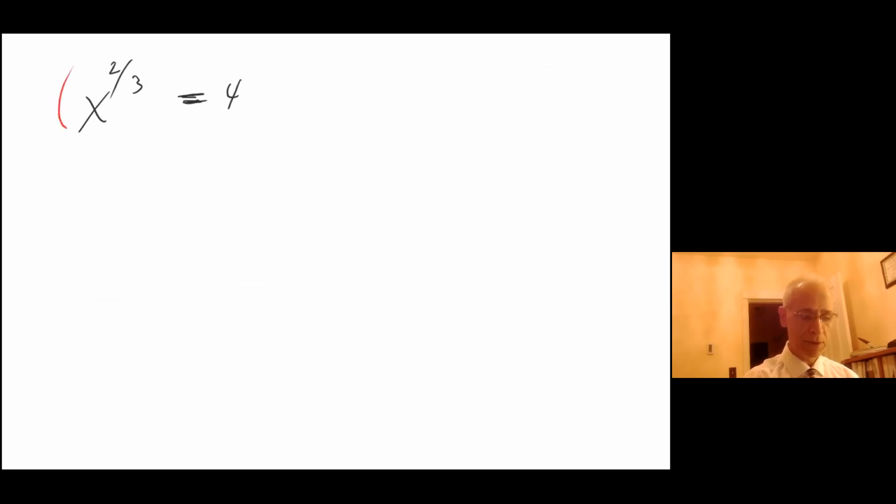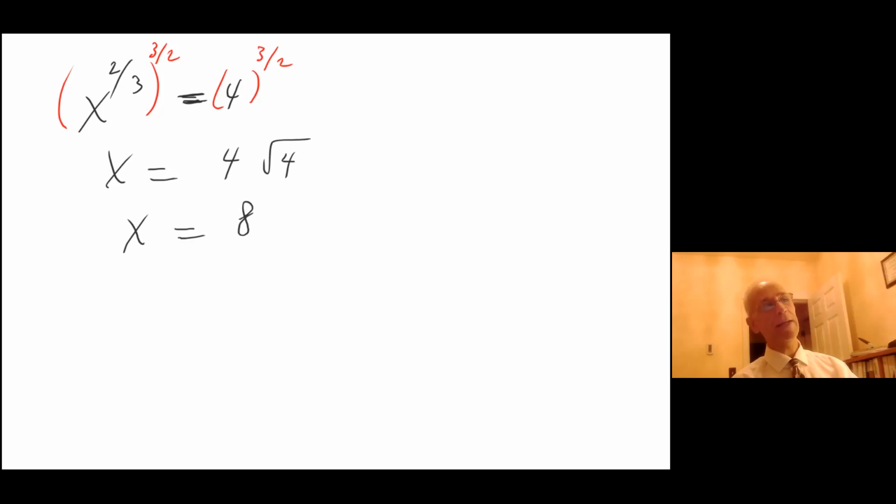So you're going to say that x equals 4 to the 3/2, which is 4 times the square root of 4. And so x equals 4 times 2, 8. If you do that, you're giving part of the answer away.